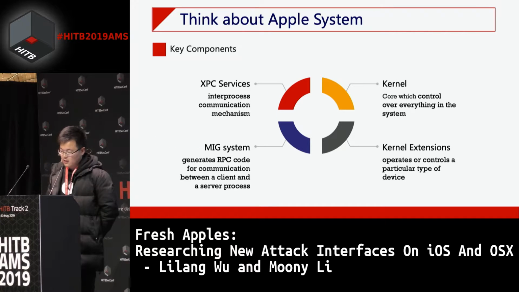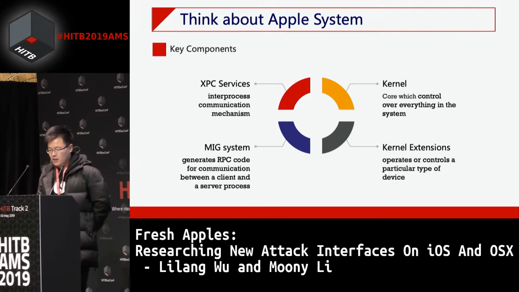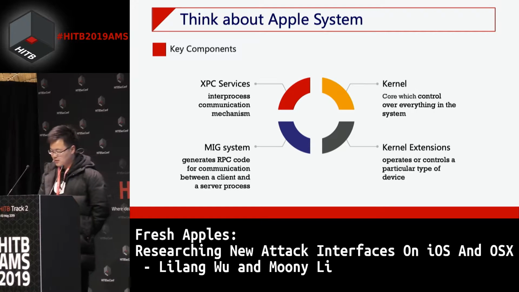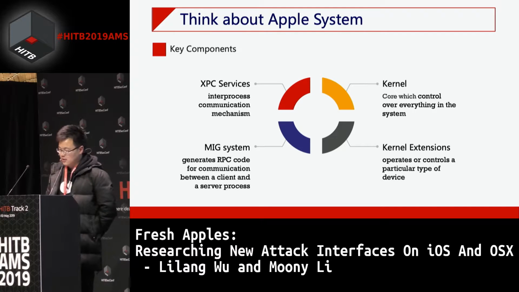So for the Apple system, there are also many critical places which may be vulnerable, such as XPC services, the MIG system, the kernel, and kernel extensions. Traditionally, for kernel extensions, we would manually analyze the critical functions using IDA or other reversing tools to get potential interfaces. It's trivial and time-consuming. So next we will introduce an automatic analysis method.